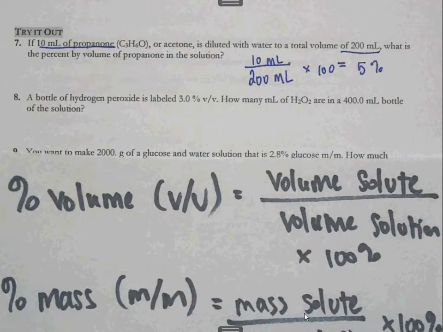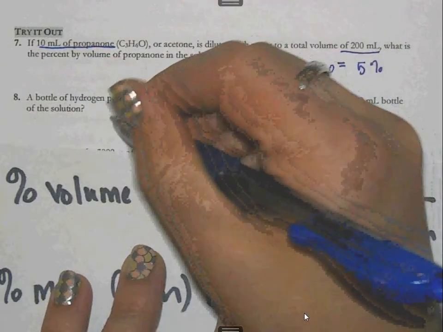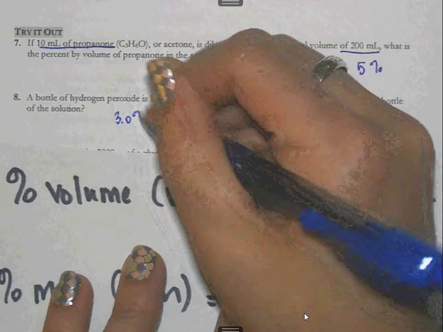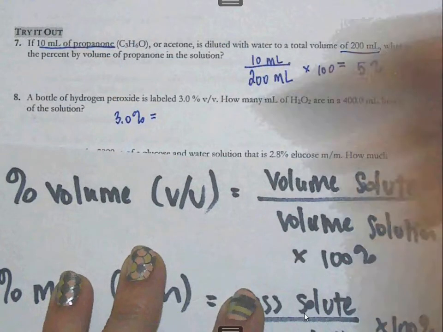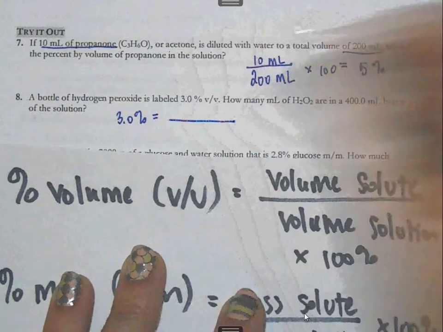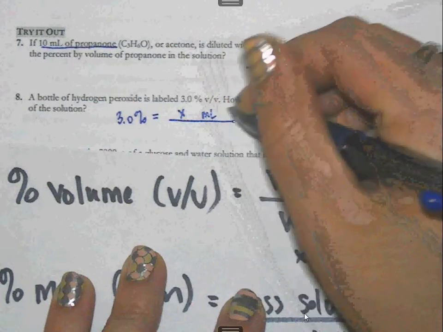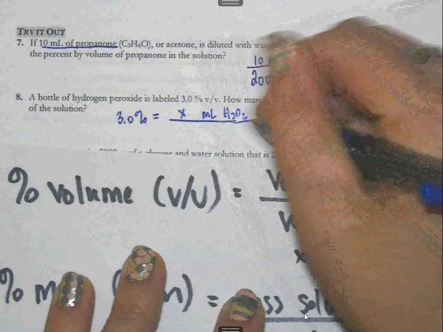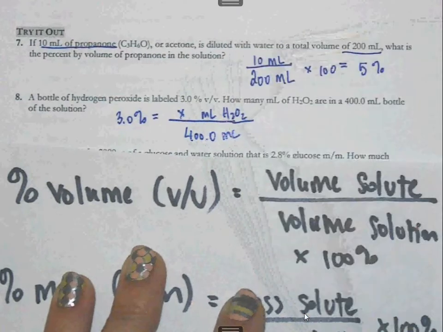Well, this one's a little backwards, but mathematically you should be able to do this. So this time they're giving me the percentage. Well, then that's going to be equal to X milliliters of H2O2 over 400.0 milliliters of solution.